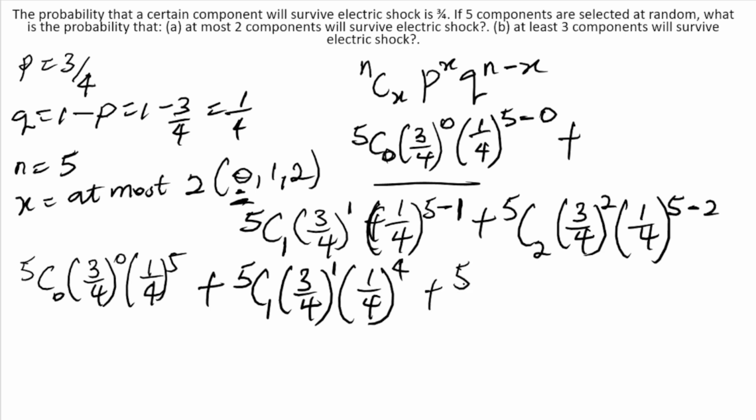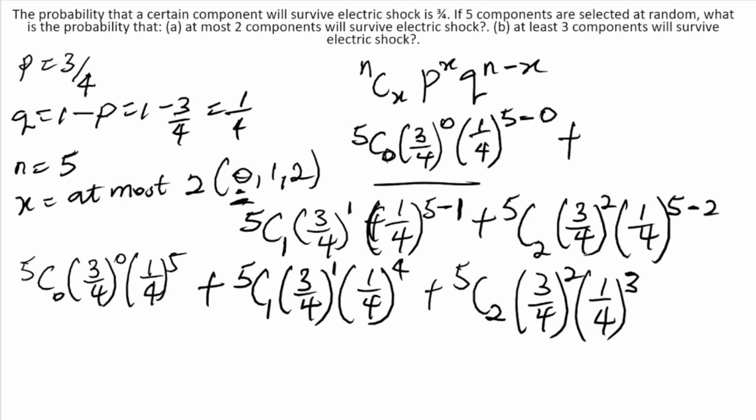Plus 5 combination 2, then we have 3 over 4 raised to the power of 2, 1 over 4 raised to the power of 3, since 5 minus 2 gives us 3. So now, doing this in your calculator, look at 5 combination 0, which must give you 1.